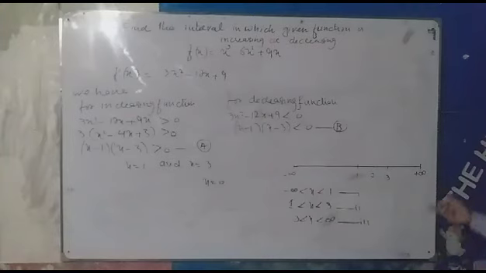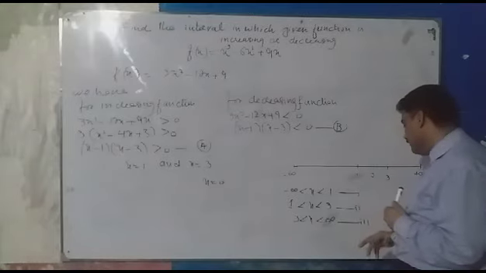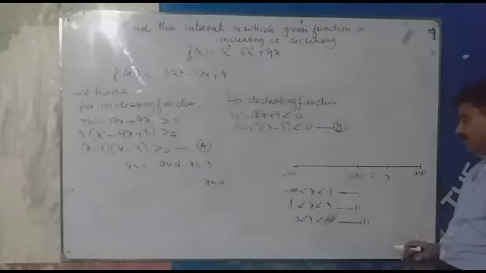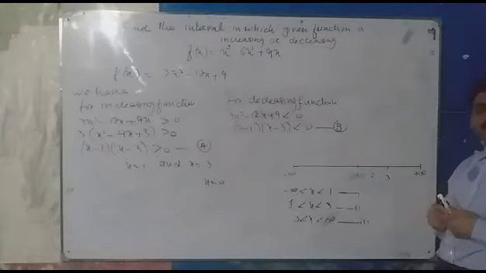Similarly, we take another point, for example a point which belongs to the third interval. Suppose we take x is equal to 4. x equal to 4 is a point which belongs to this interval.